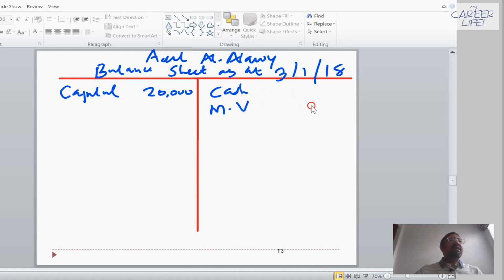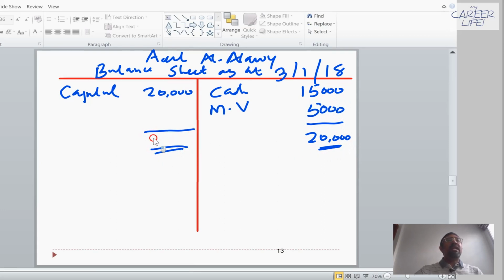How much was the vehicle? It was 5,000. So from the cash he utilized 5,000 to buy the motor vehicle. So the cash balance now is 15,000. If we balance, you see that this side of assets will be 20,000, and this other side of capital and liabilities will also balance with 20,000.